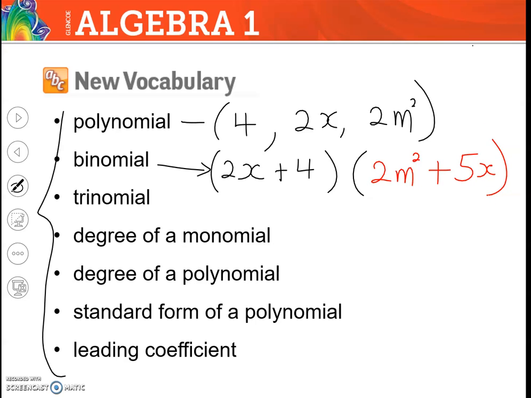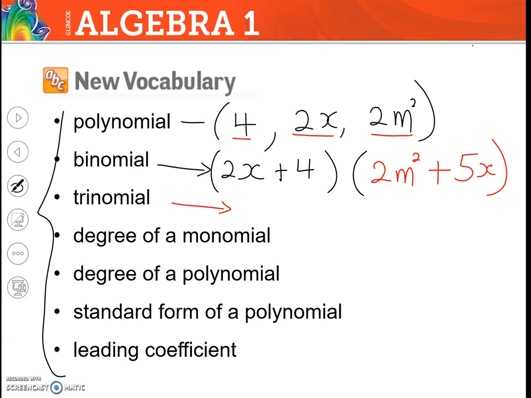Now, a trinomial is when three or more monomials are put together. So if we put 2x and 2m squared together using addition and subtraction, we are going to have a trinomial.